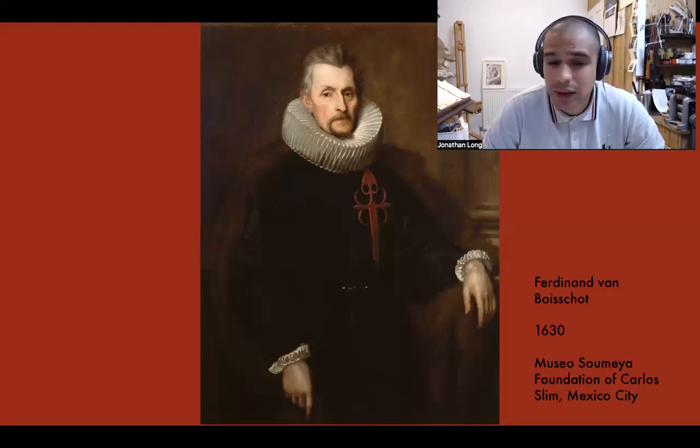Whereas in this painting, we have a man who is Dutch and Catholic and has even been knighted by the Spanish king. It was Philip III who knighted him as a knight of the Order of Santiago. The Knights of Santiago is one of the most prestigious noble orders in Spain, one of the highest ranking knightly orders.